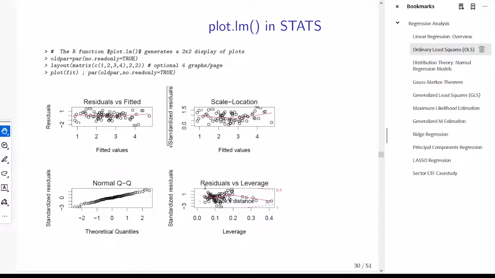And we don't like to see any systematic pattern in that plot. We'd like that just to be flat. Sometimes, as the fitted values increase, the residuals might increase in magnitude as well. That would suggest that the residuals are dependent on the magnitude of the fitted values.